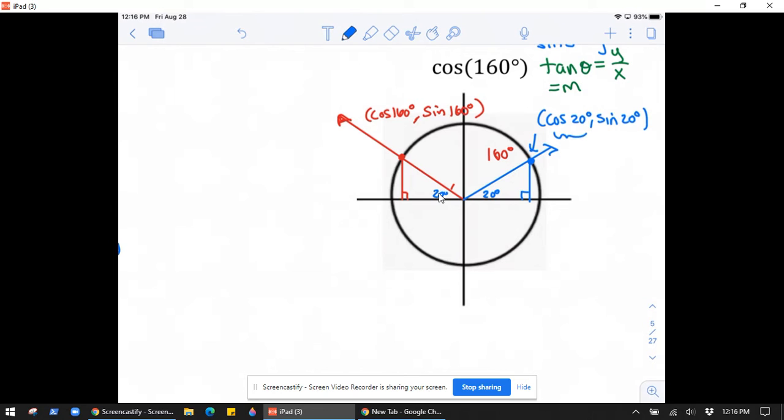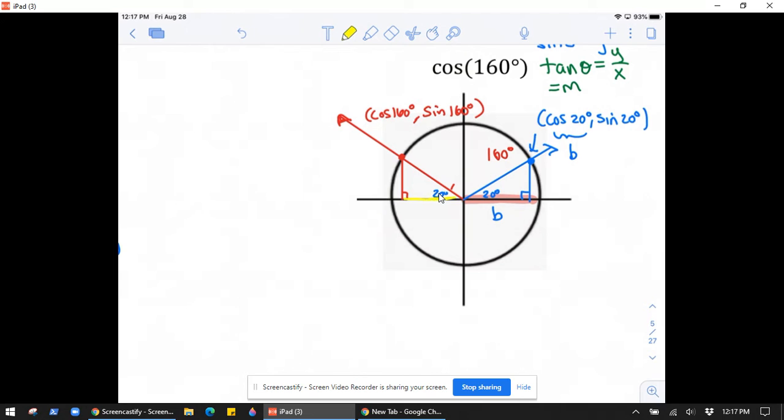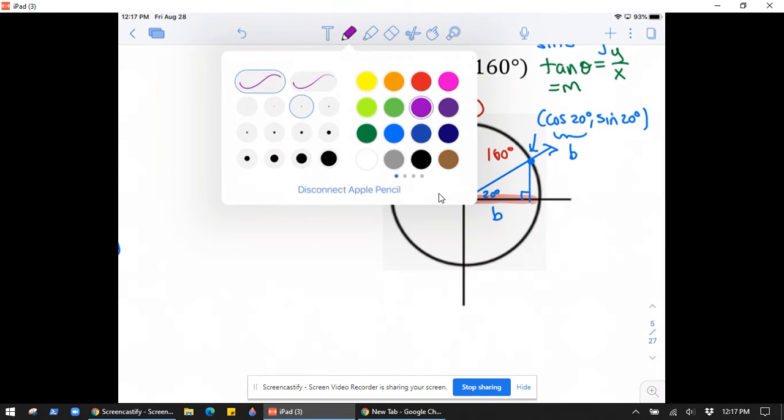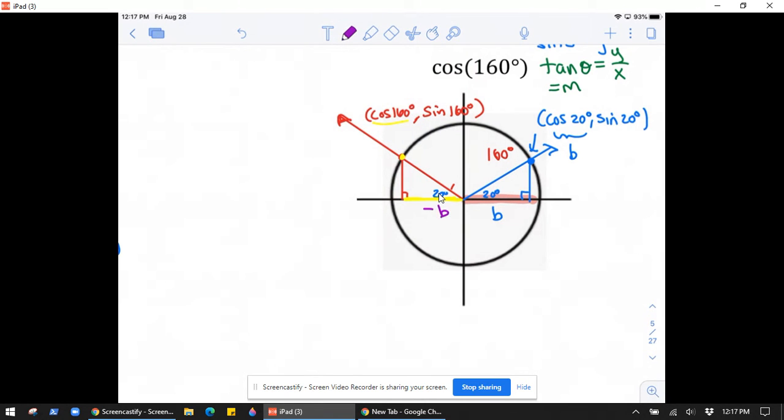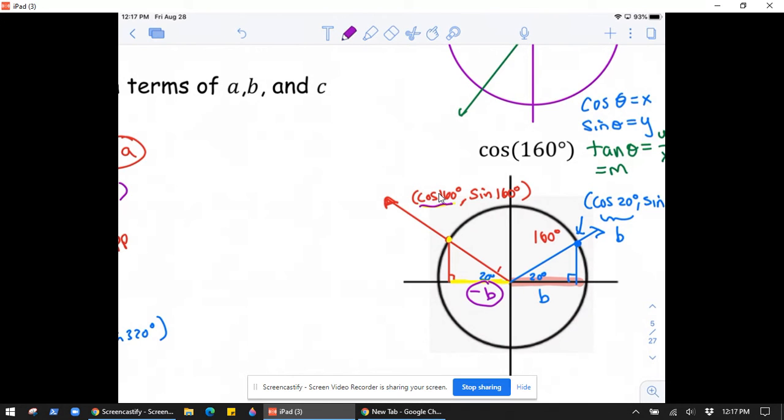That is this distance right here. That's b. How does that relate to this distance here, which is the x-coordinate of this point, which is the cosine of 160? Well, it's the opposite of b. So therefore, cosine of 160 is the opposite of the cosine of 20 degrees. So we write cosine of 160 equals negative b.